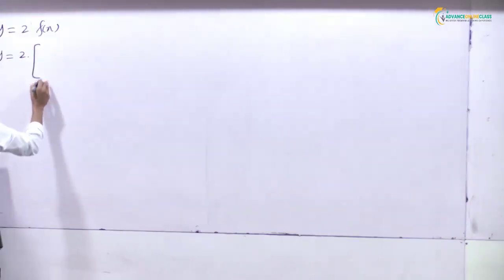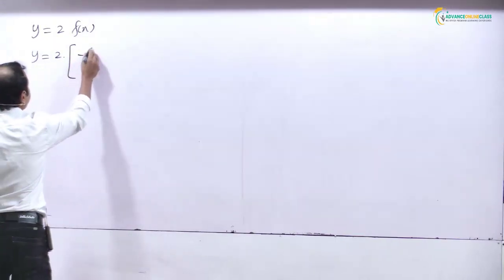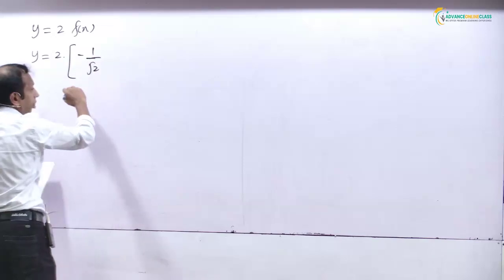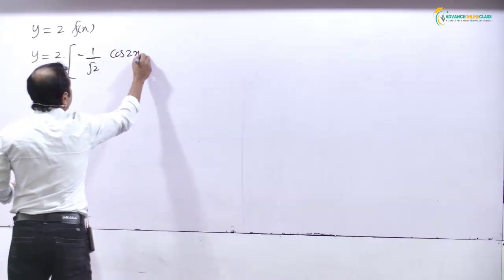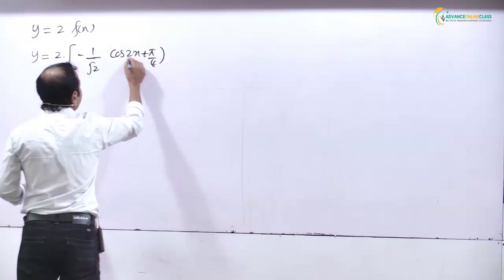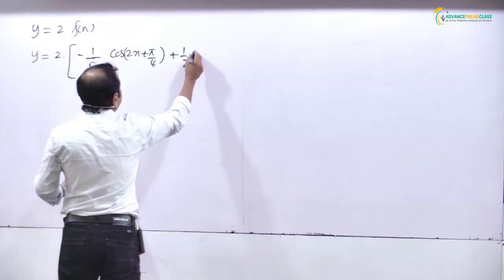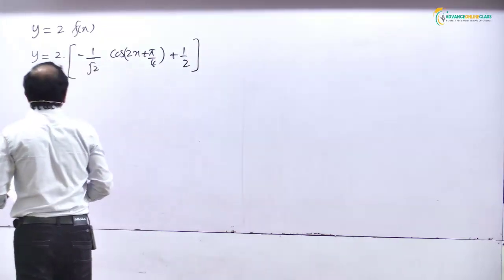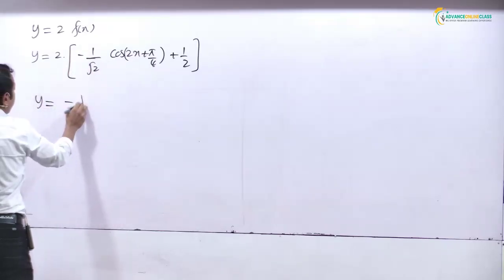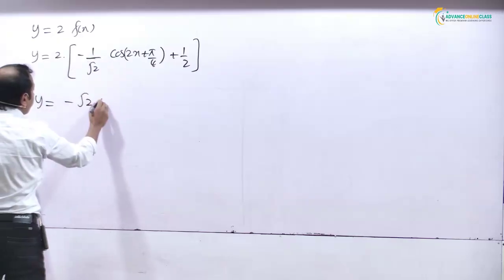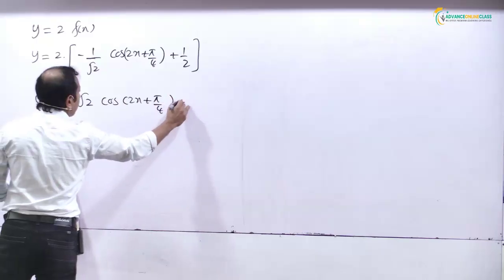2 times, for f(x) substitute that: minus 1 over root 2 cos(2x plus pi by 4) plus half. Then here we get y equals minus root 2 cos(2x plus pi by 4) plus 1.